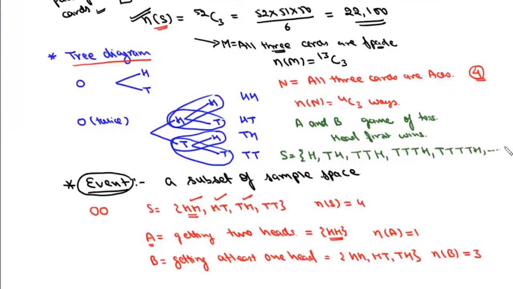And this set will have infinite elements. So in this case, the number of elements is countably infinite. Basically, if we get a head, the game ends. Else, the game continues till we get a head. Both these people, for their whole life, can keep tossing the coin and it may never result in a head. So this is one case where writing the sample space is not possible.